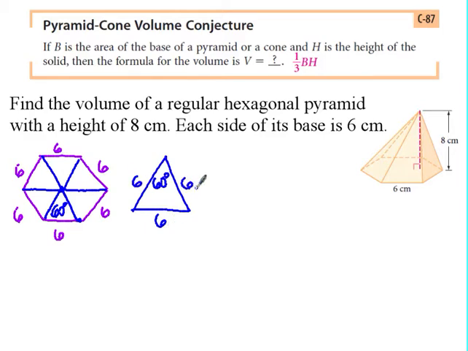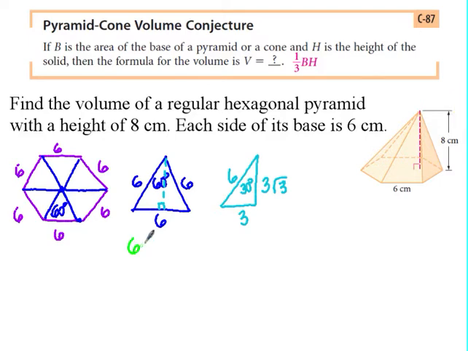So now I need to find the area of that triangle, so I need to find the height right here. What type of triangle is it? A 30-60-90 triangle. So up here at the top, I have 30 degrees, 6 here, 3 here. What's the height have to be? 3 root 3.